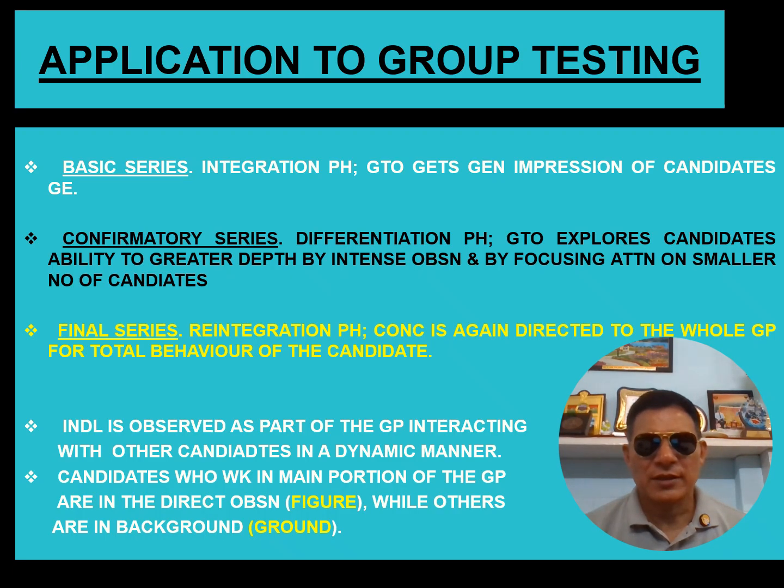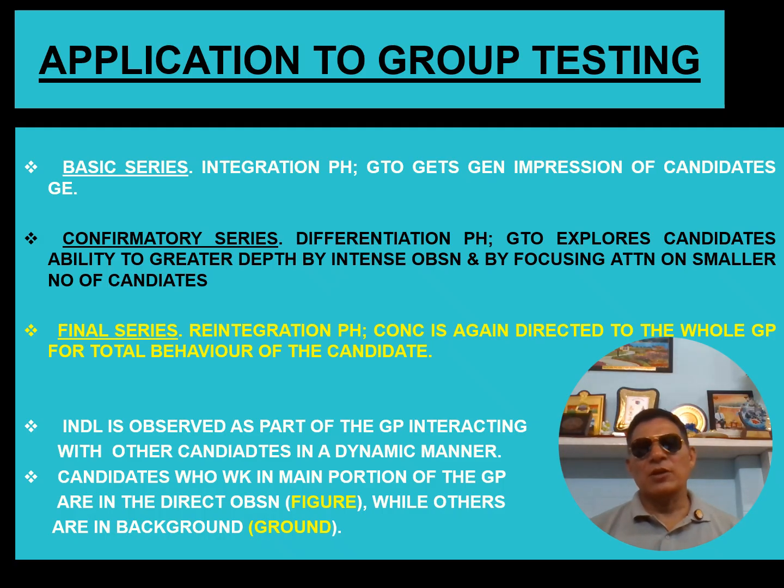Concentration is again directed to the whole group for total behavior of the candidate. Now candidates would have gone through a large number of tests, in a whole group and a smaller group, subgroup, and also then they would have had their command task.